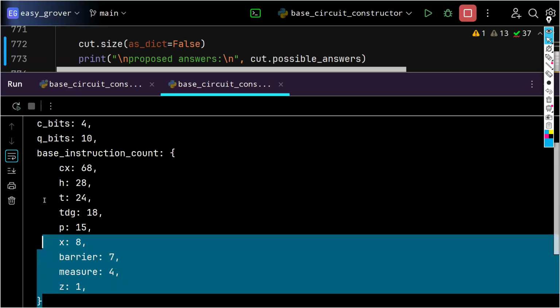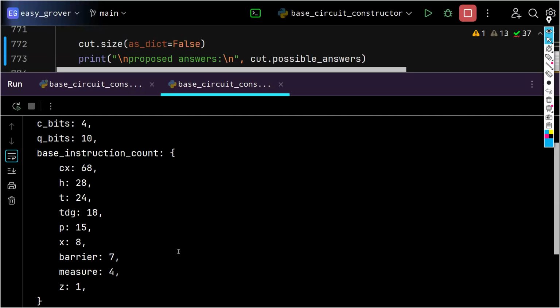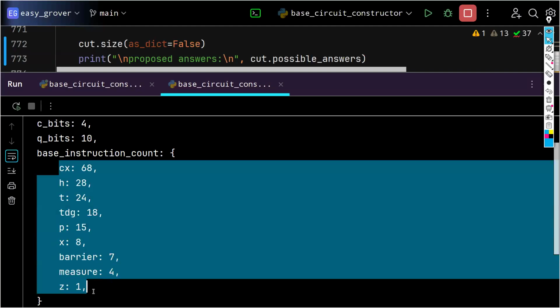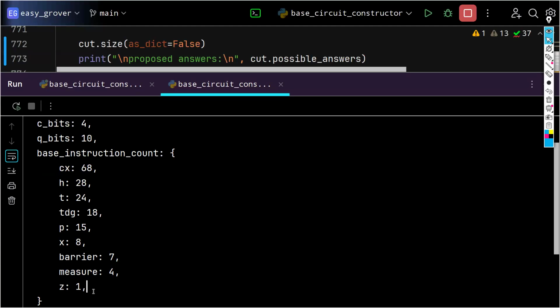And there is a certain operation that could transform your entire circuit into very basic operations, and counting those operations could give you the idea of what would be the actual impact of your experiments, and will you have something really nice as a result, or you will see that, oh, there are 68 conditional X gates.